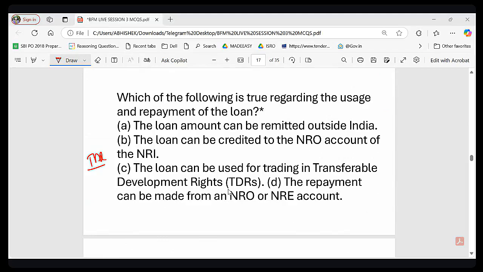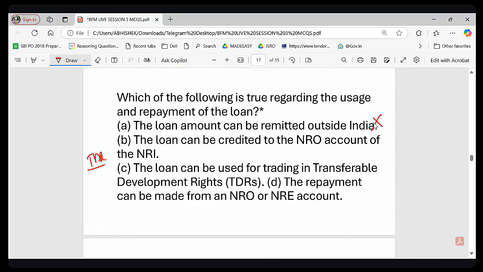The correct answer is no. Exactly. Loans given to NRIs are strictly for use within India. As per the RBI guidelines, the funds cannot be remitted abroad. So option A, which says that the loan amount can be remitted outside India, is wrong. Option A is incorrect.